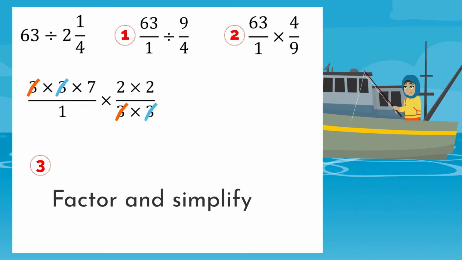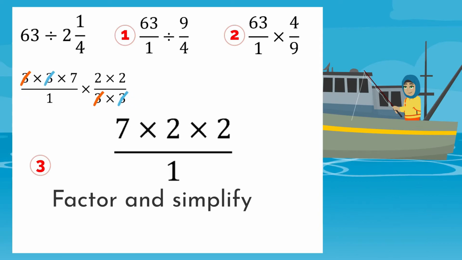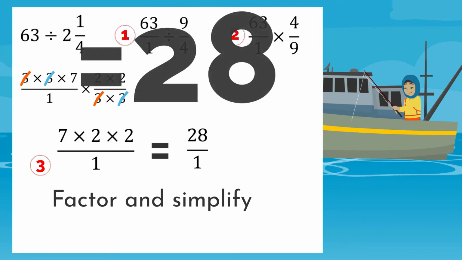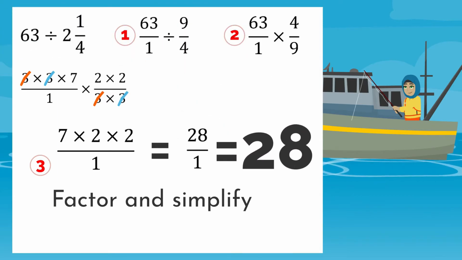Next, I rewrite the remaining factors as one fraction. Then, I multiply the remaining factors. Finally, convert to a mixed number if necessary. Rania found 28 schools of fish.